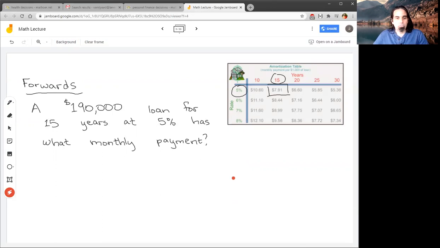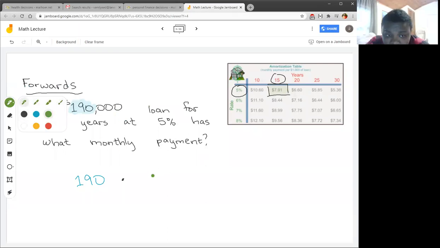Now that would be kind of silly because you can't buy a house for $1,000. The house that we're looking at in this problem has 190,000. So that means we're going to take 190 and multiply it by that $7.91.